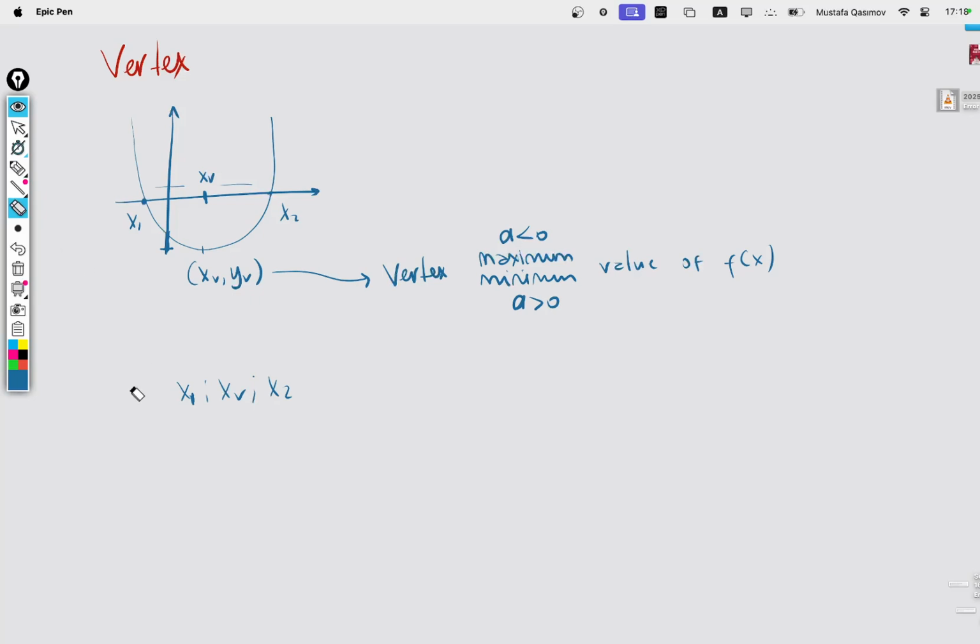Actually, you just have to find out the value of x vertex using x1 and x2. So, what's your opinion? Any of you?